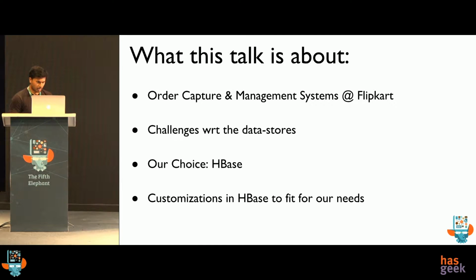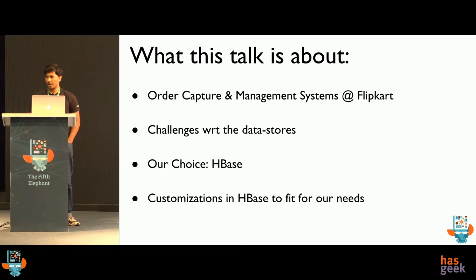So this talk is about our journey, actually, in terms of how we went about scaling the order capture and order management systems in Flipkart. The way we would like to go about this presentation is, I'll first introduce you to what I mean by order capture and order management systems. Then I will focus on the problem we faced, in particular with scaling the systems and with respect to data stores.